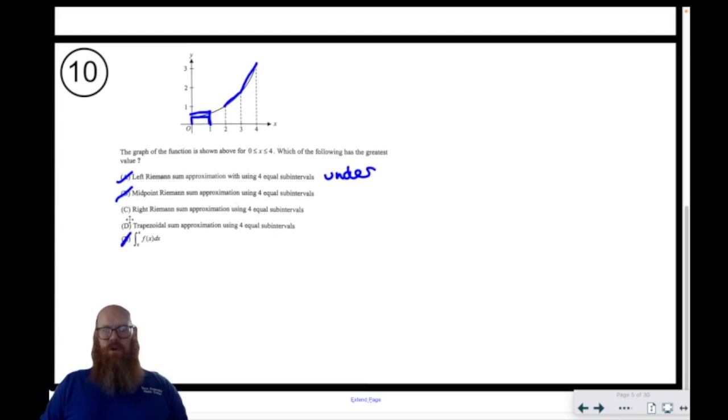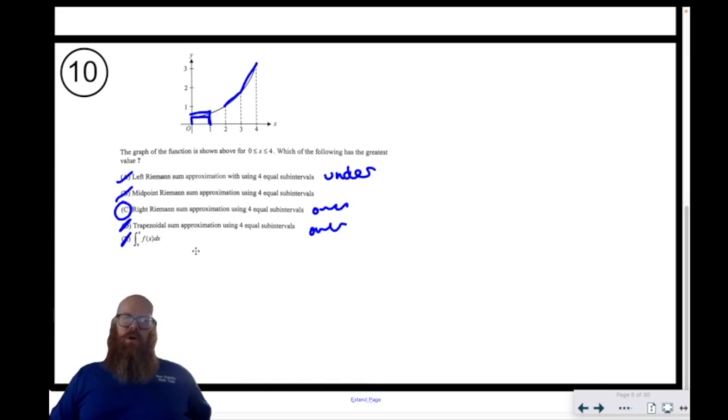So we got the midpoint, we don't know if it's under or over. This is over, and this is over. And we know that the right will be more over than the midpoint, so that's gone. Now this is also gone, and the answer is C, because even though the trapezoidal is an over approximation because it's concave up, it will never be as bad, like I said earlier, as a right, as long as they're all equal subintervals. So the answer ends up being C.